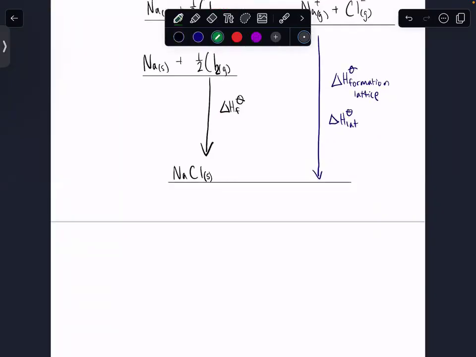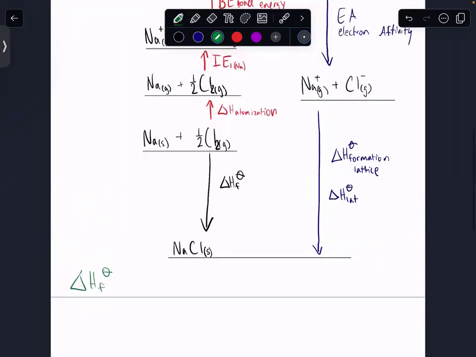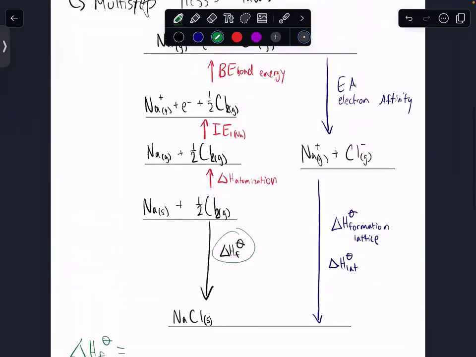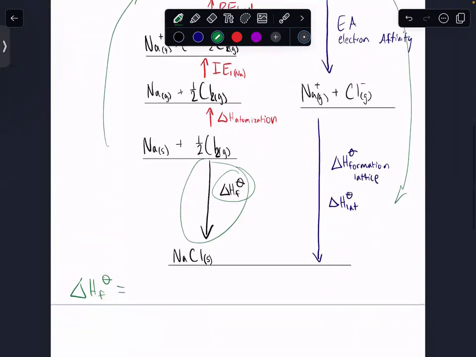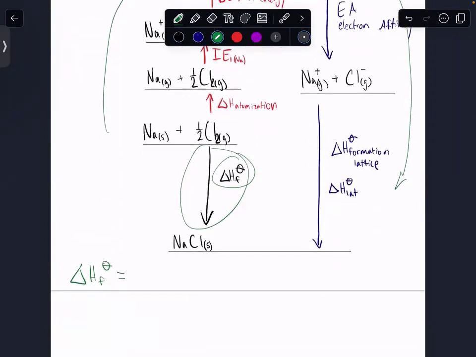So our standard delta H of formation right here is equal to, and now I'm just going to go around this kind of circle or almost loop, instead of going this one big drop, I'm going to go all the way around. Because according to Hess's law, it doesn't matter how many steps you make, if your starting and end product are the same, then the overall enthalpy should be the same. I'm just going to add these together.